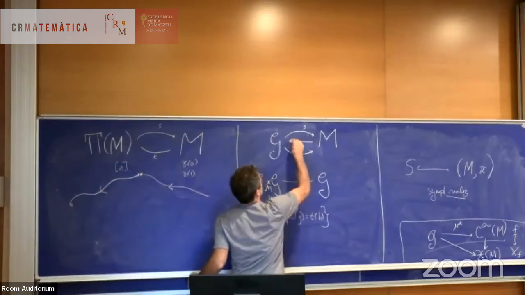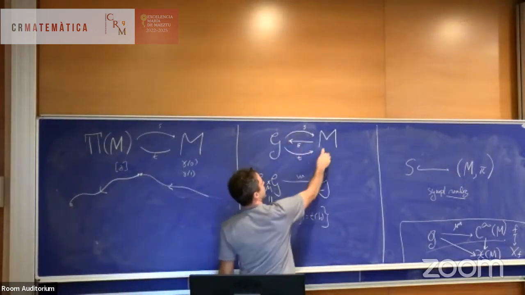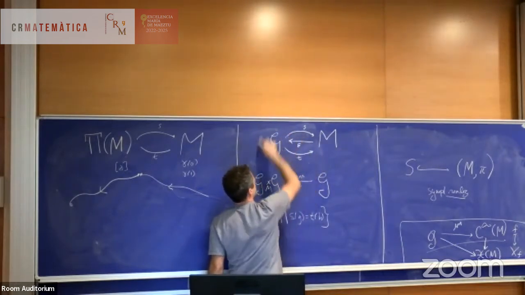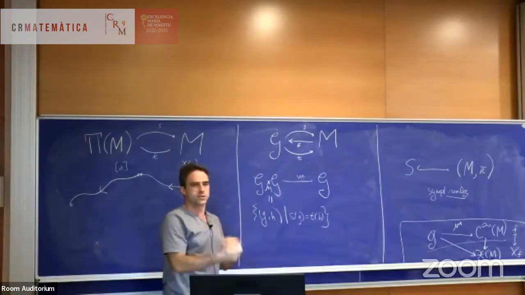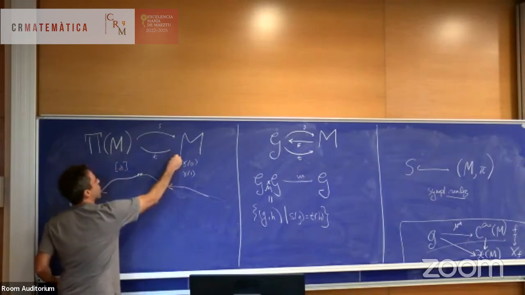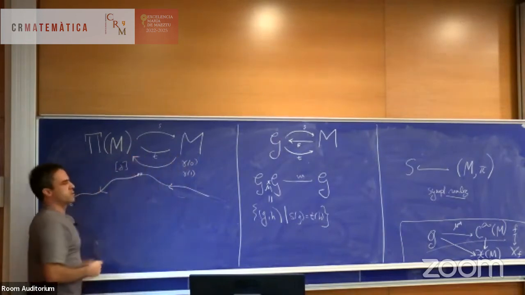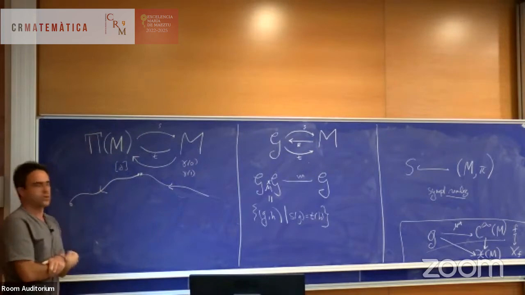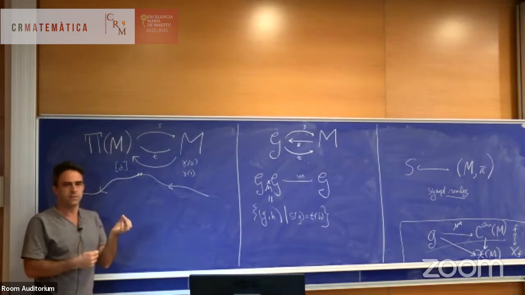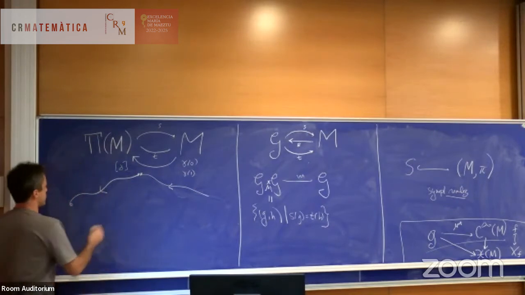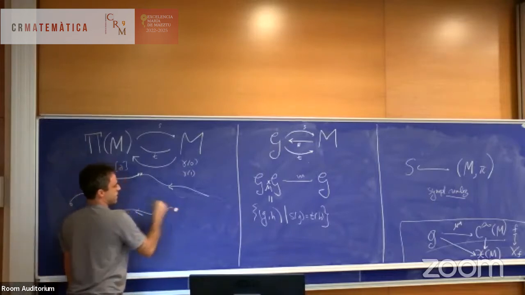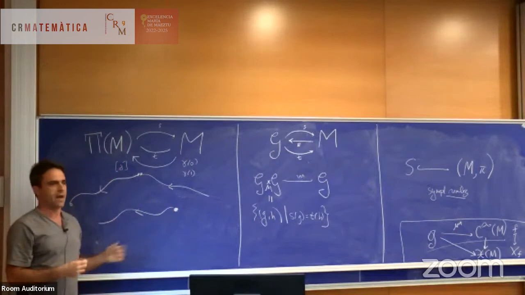And there's something else in the groupoid, which is an inclusion of this base manifold as a subset of this manifold here as units. So how do you embed M into the space of paths? You just consider a point as a path that doesn't go anywhere. It just stays there. And of course, if you have a path and you compose it on this side with a path that doesn't go anywhere, you get the same path.